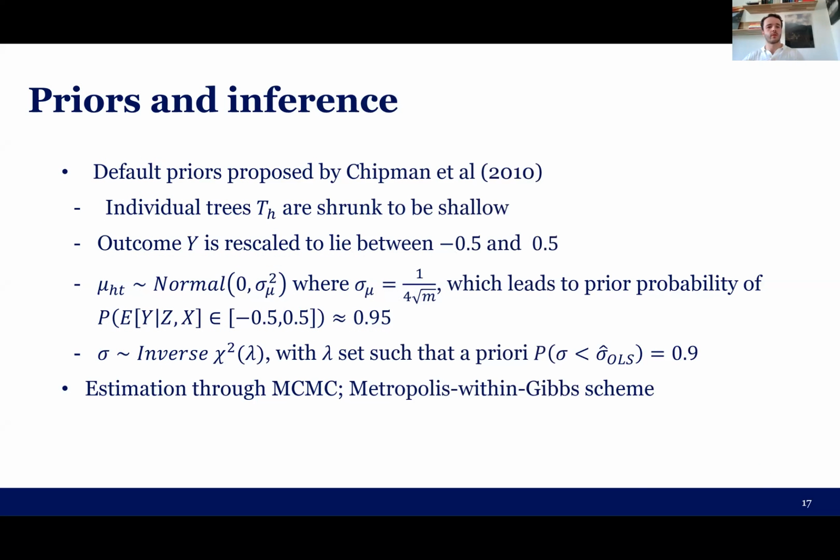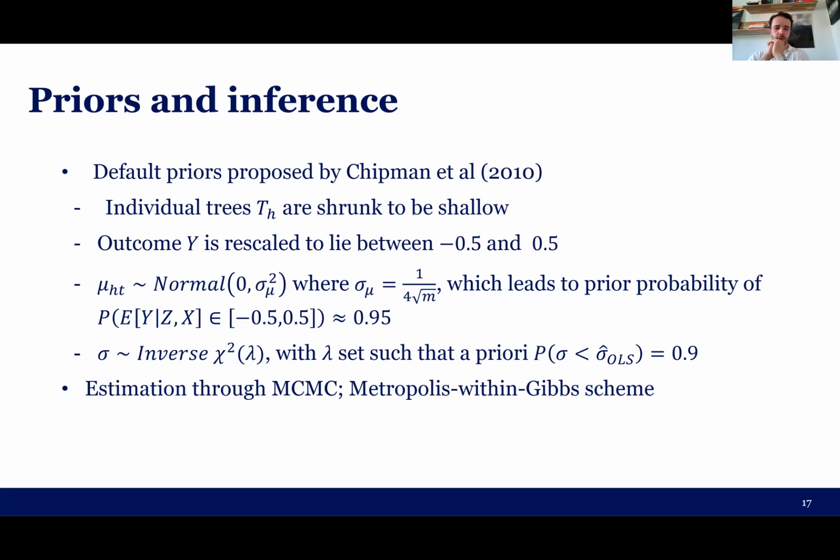A few words about priors and how we do estimation in the BART model. What I present here is basically the first version of default priors for BART, which was presented in a paper by Chipman, where these trees are assigned a prior which shrinks them to be shallow, and which punishes trees which have too many levels, branch out too much.